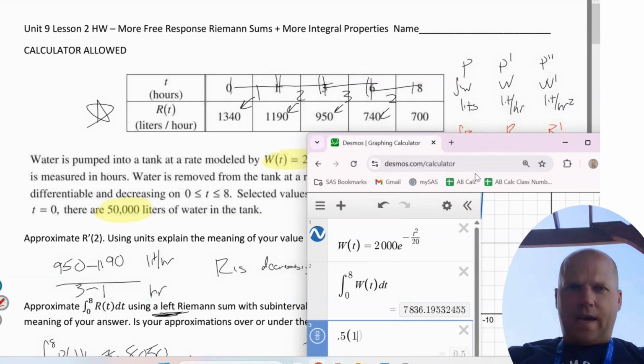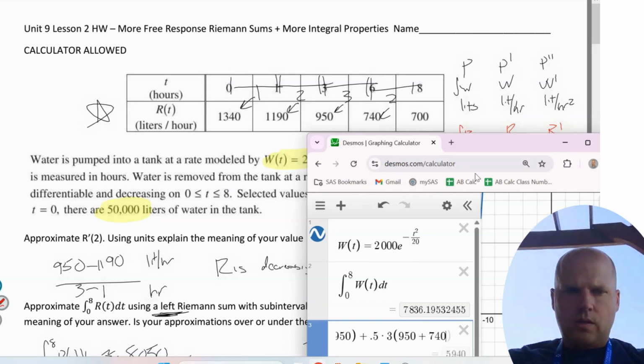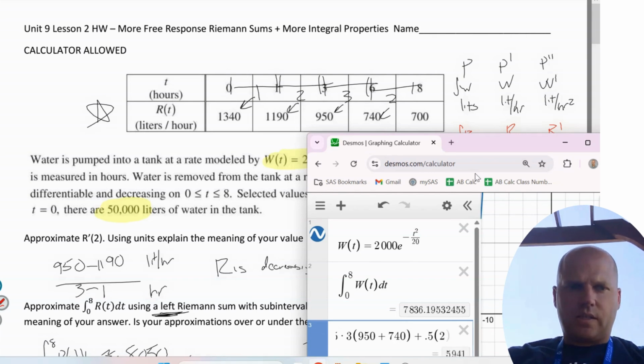One half times distance times the sum of the y's.